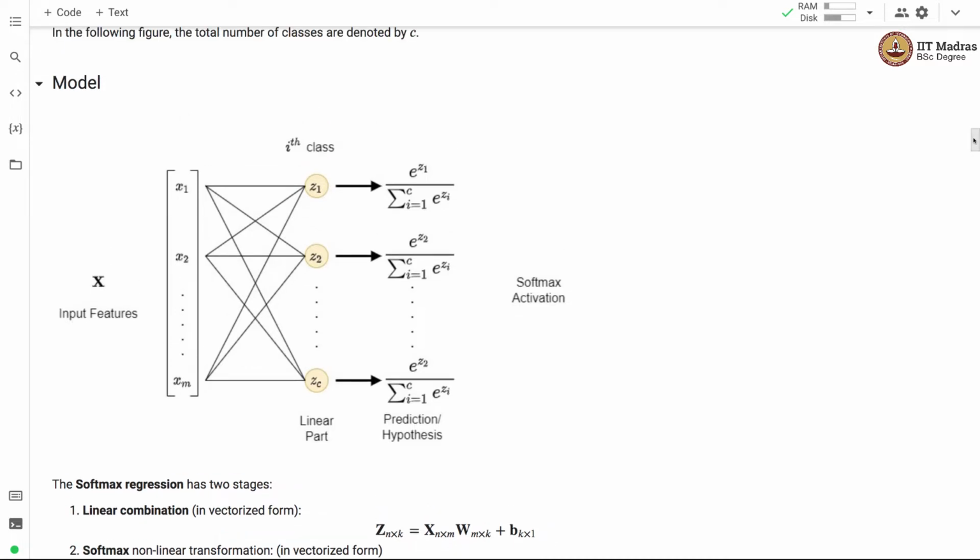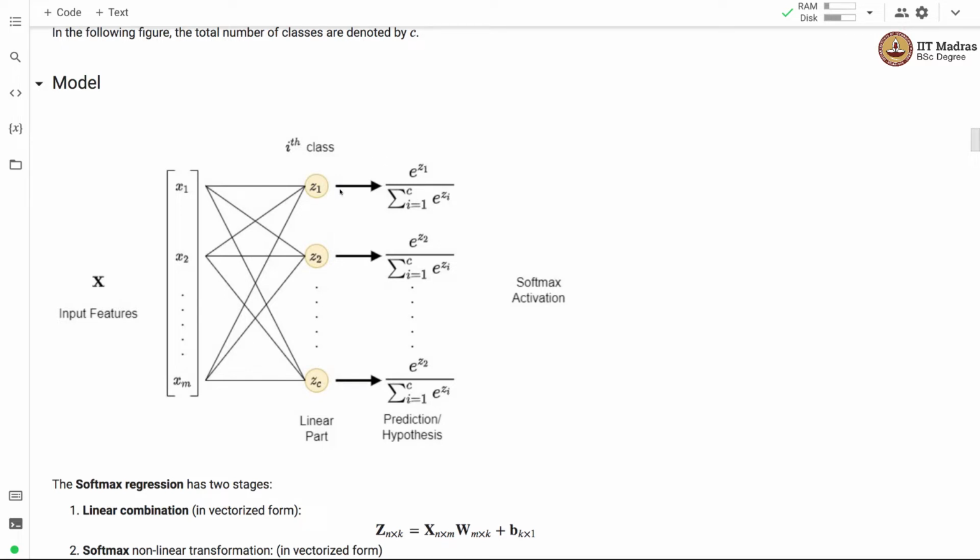Let's look at the model of softmax regression. We have already seen this. There are m input features, they go through C linear combinations, and then there is a softmax activation.